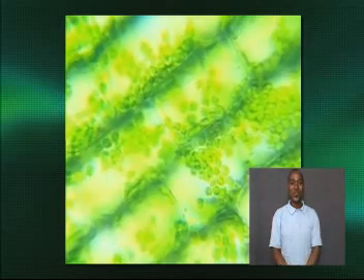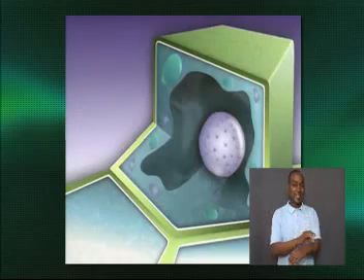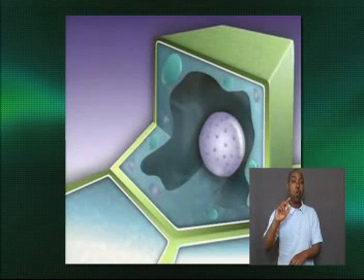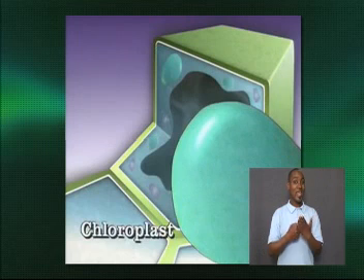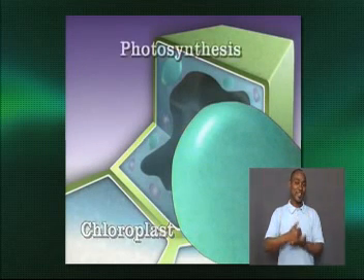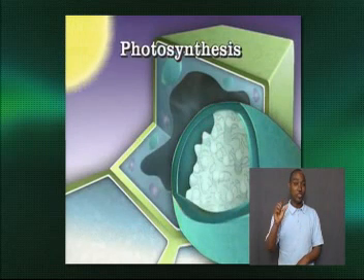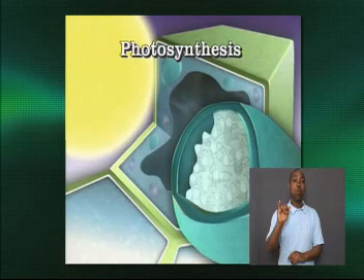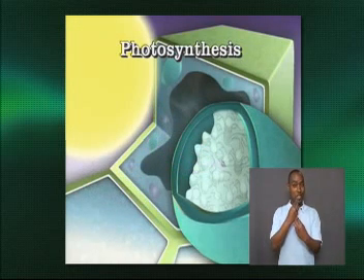Unlike animal cells, plant cells have chloroplasts. This is what gives plant cells their green color. Chloroplasts contain chlorophyll and enable the plant cells to perform the function of photosynthesis.